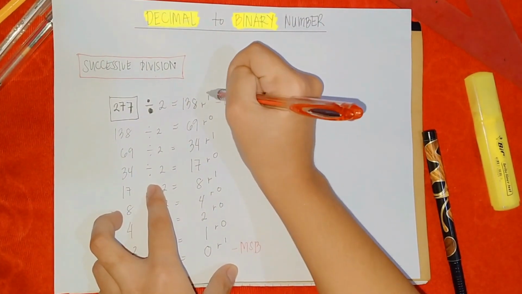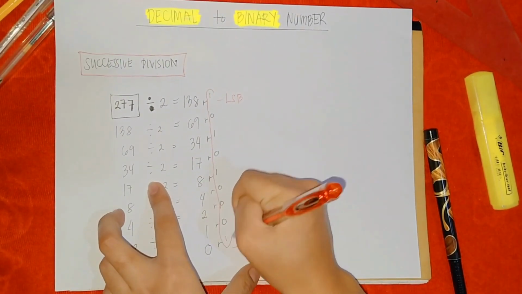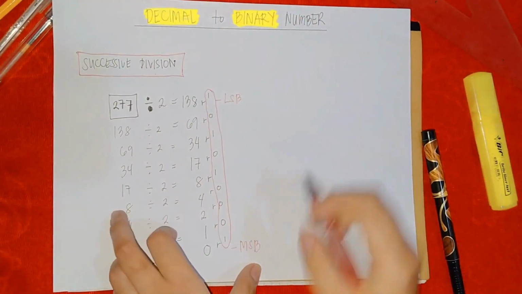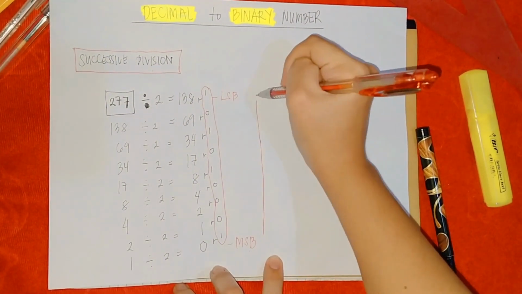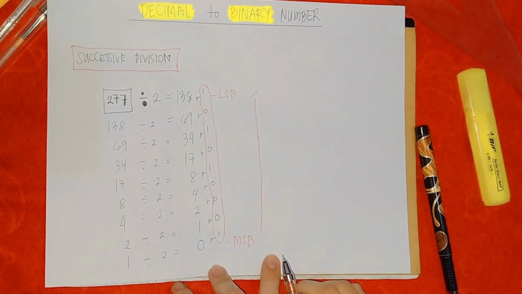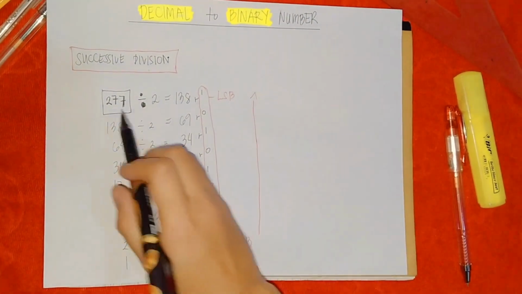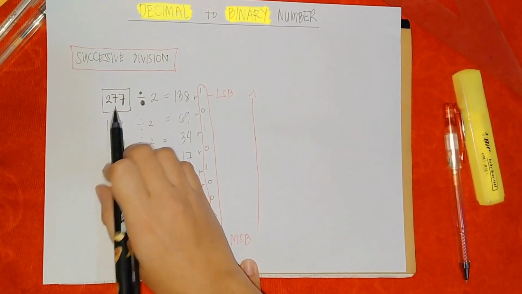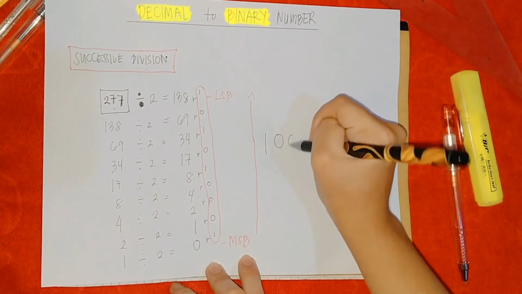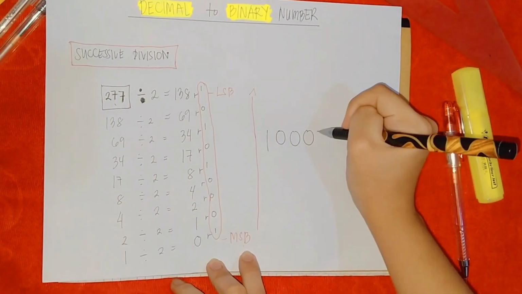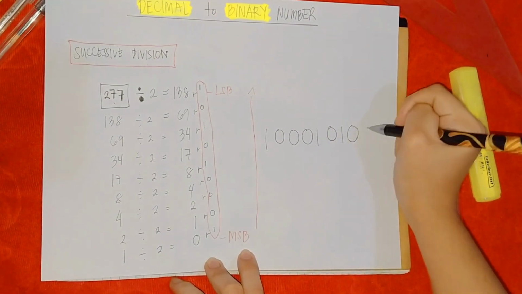The way we read this is from MSB to LSB, so basically, from the bottom to top. Therefore, 277 is equal to 1, 0, 0, 0, 1, 0, 1, 0, 1.